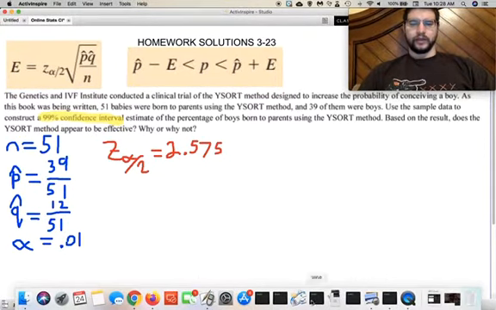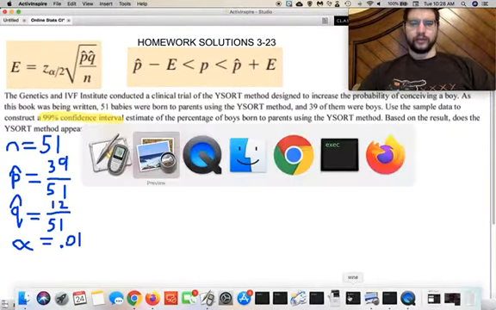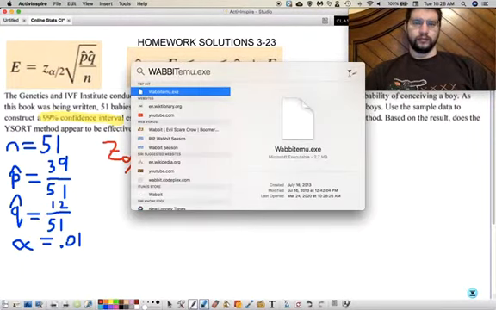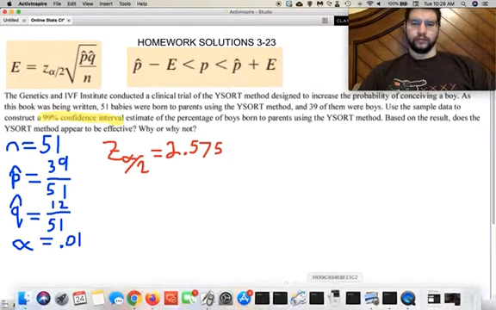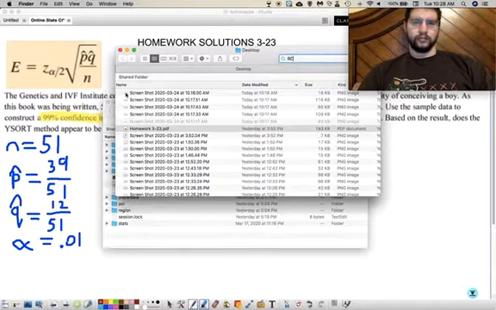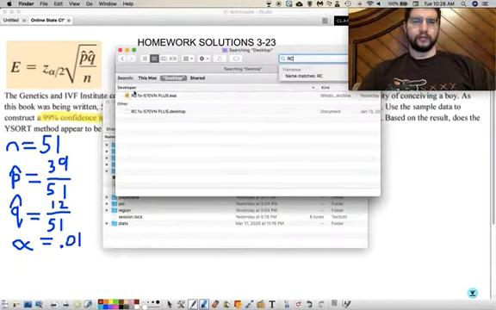Now we could also use our calculators, which I have to reopen, sorry. Sorry about that.